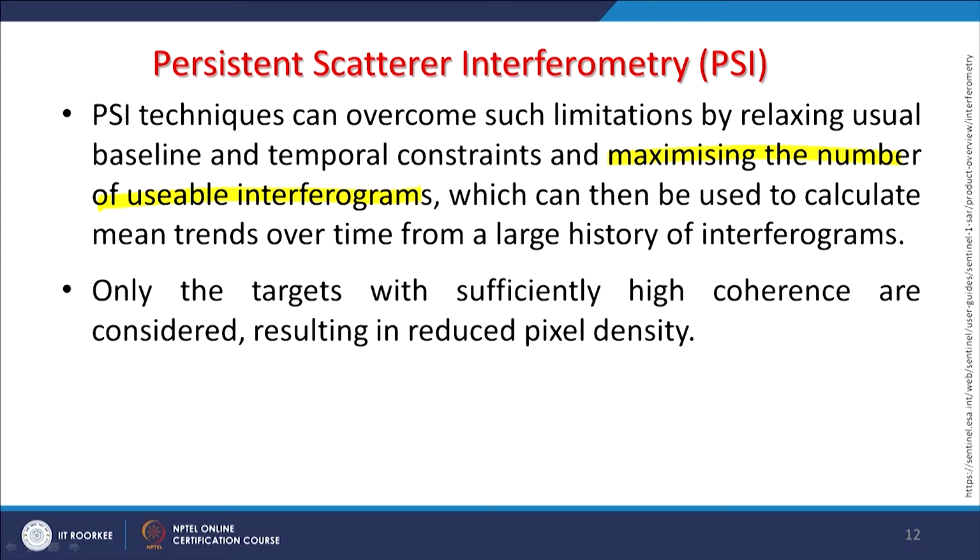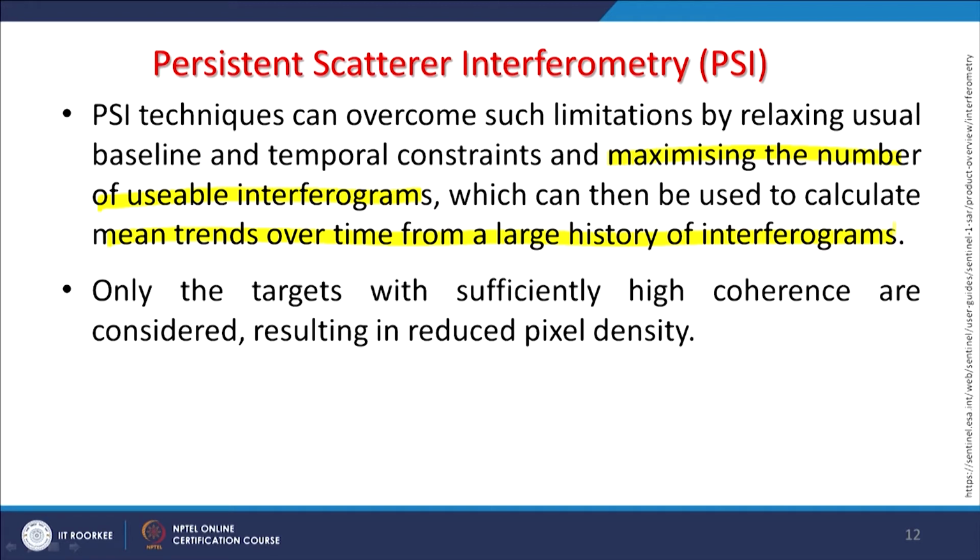These can then be used to calculate the mean trends over time from a large history of interferograms. So, at least 12, 13, 14 scenes are required to develop a PSI interferometry.